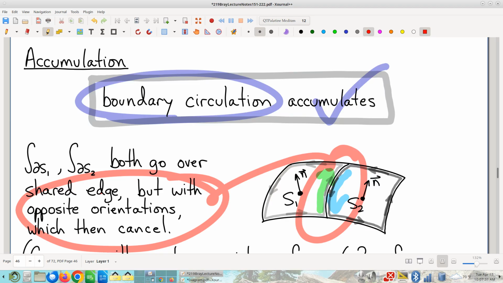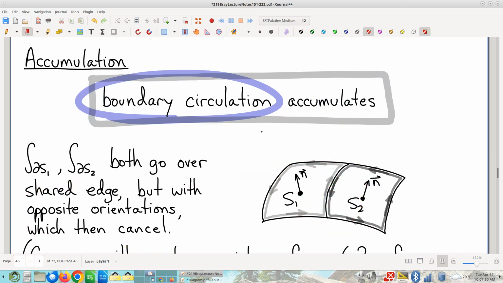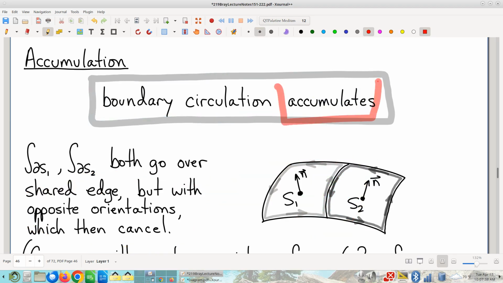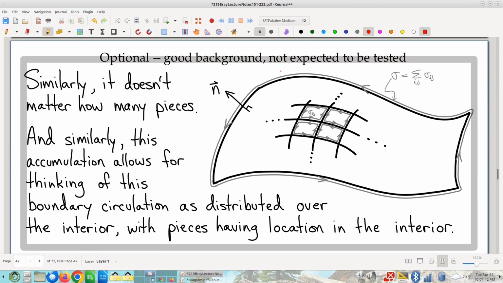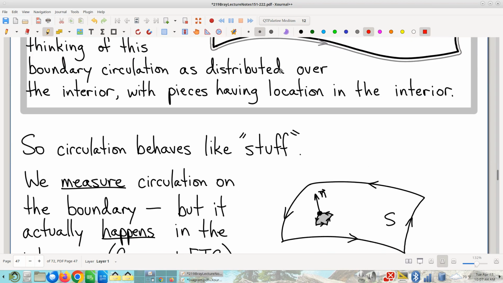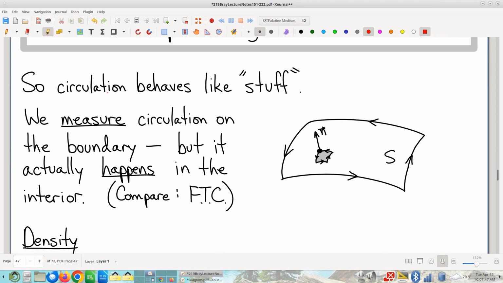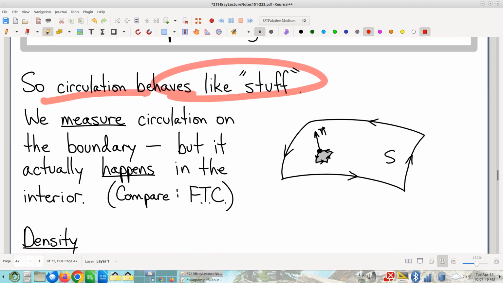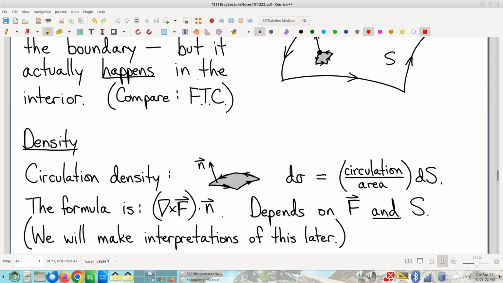Boundary circulation accumulates. And whenever we have a quantity that accumulates, we know certain things. You can look at pictures and think through details if you'd like, but the punchline is going to be the same. Accumulating quantities behave like stuff. Physically it's not, but you can think of it as a kind of substance distributed over the interior.